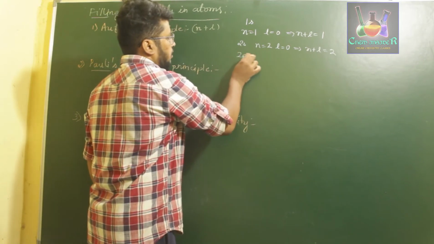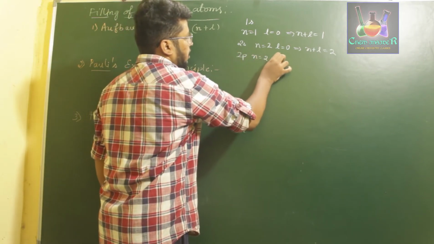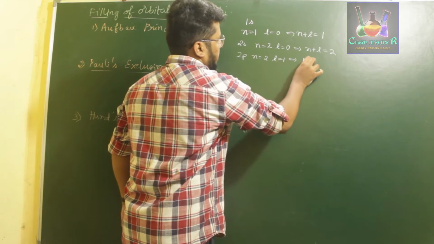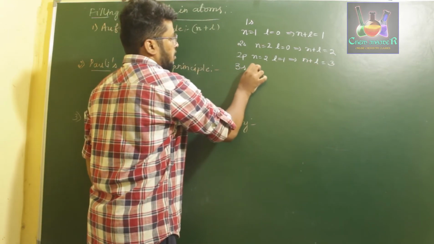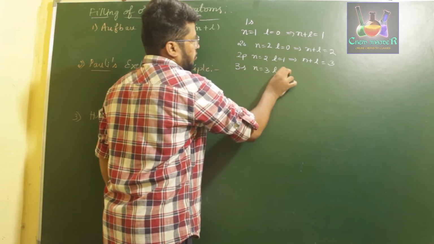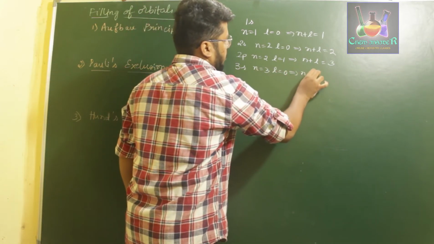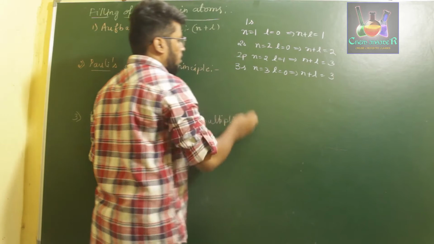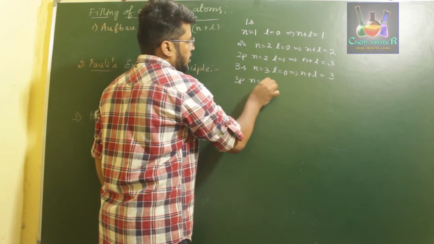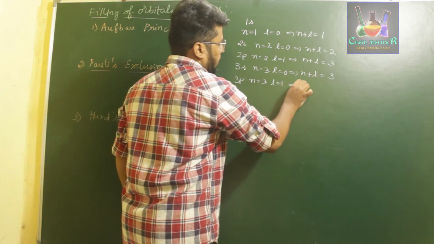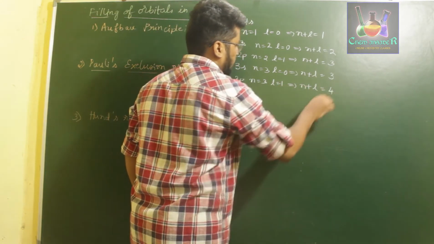For 2p, n is equal to 2, L is equal to 1, so n plus L is 3. Next, for 3s, n is equal to 3, L is equal to 0, so n plus L is 3 again. For 3p, n is equal to 3, L is equal to 1, so n plus L is 4.